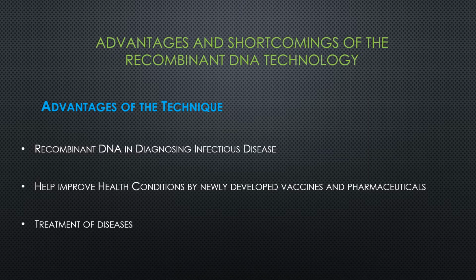For example, scientists made artificial human insulin with the help of recombinant DNA technology. So the advantages of the technique: recombinant DNA in diagnosing infectious disease, help improve health conditions by newly developed vaccines and pharmaceuticals, and it's a treatment of diseases.